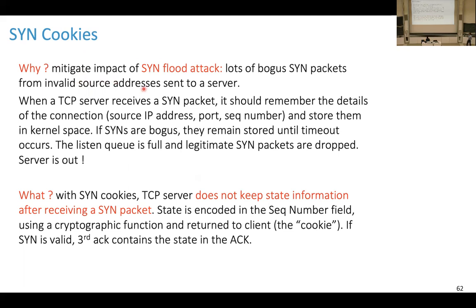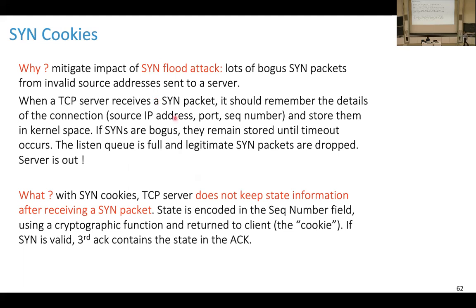So let's imagine you have a client that sends several SYN packets to a server with valid source addresses. When the TCP server receives the SYN packet, it has a lot of things to do. First, it needs to open a TCP socket. It will reserve a lot of resources on the computer.